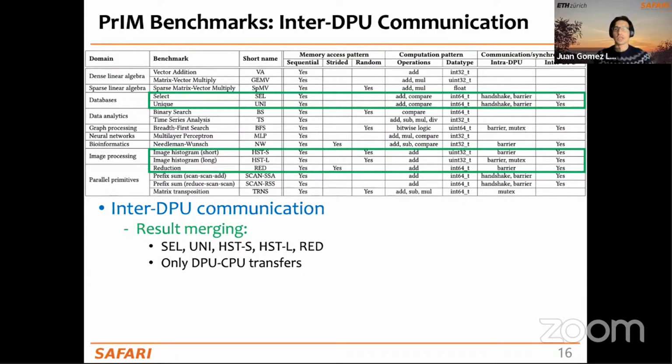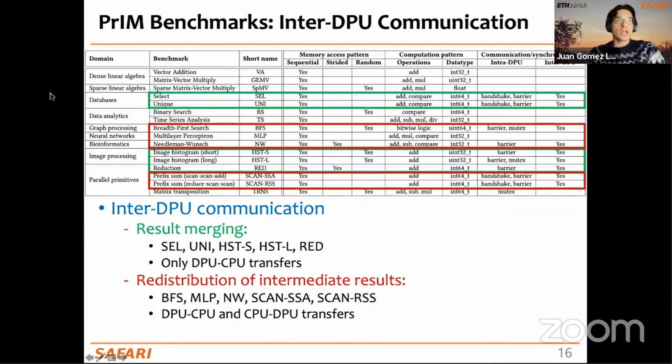So in this case, the inter-DPU communication or synchronization needs are only unidirectional, in the sense that it's only merging the partial results that we obtain in the DPUs in order to obtain the final result on the CPU. And in other cases, we have more complex communication patterns that require redistribution of intermediate results.